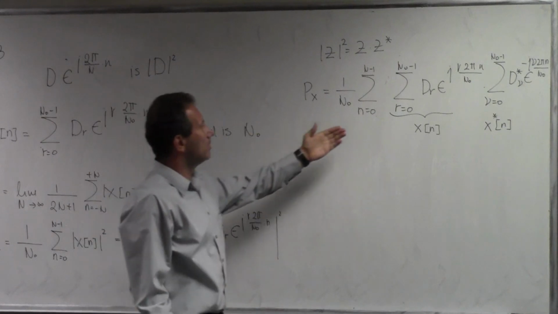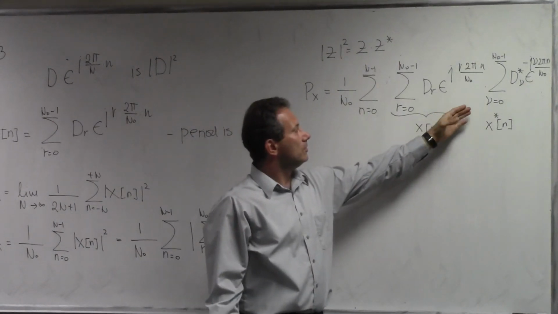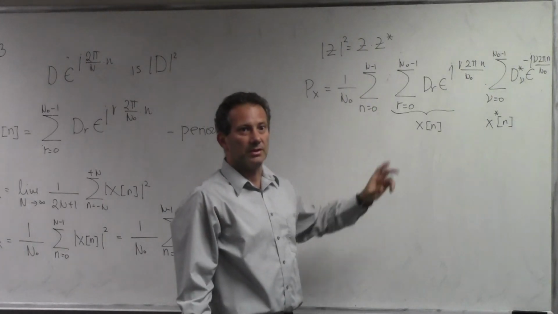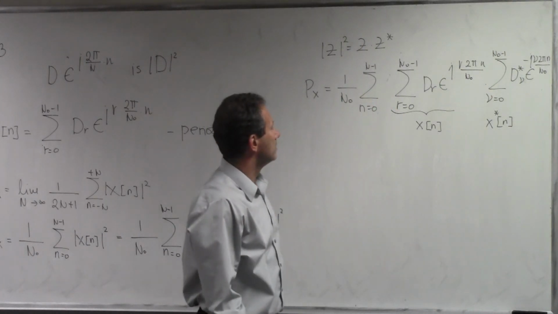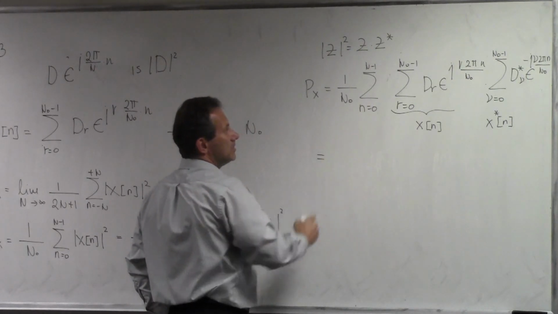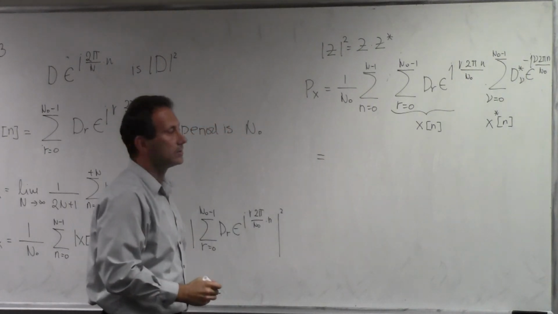Now, like in many of the problems of this nature, you try to find a way to jumble this so that it simplifies. In other words, change the order of summation. So instead of summing over n last, let me try to sum over n first.